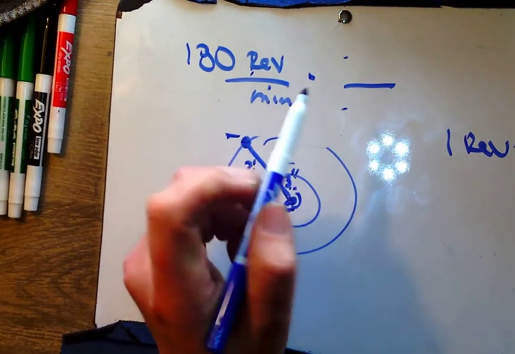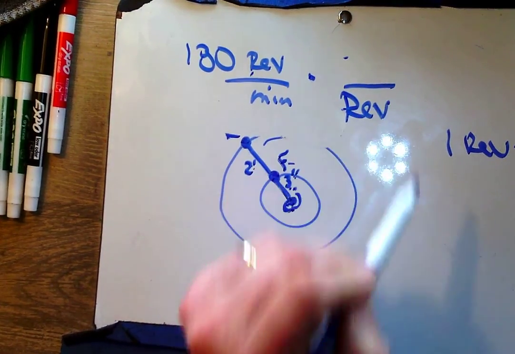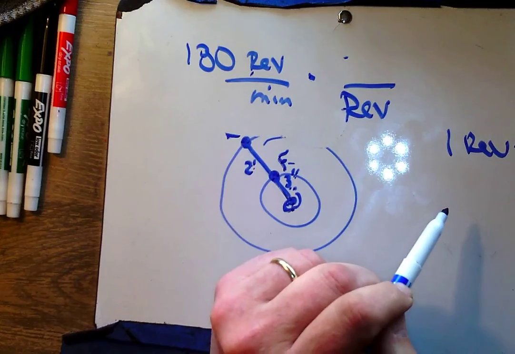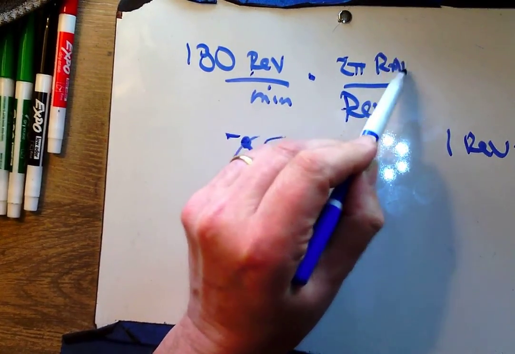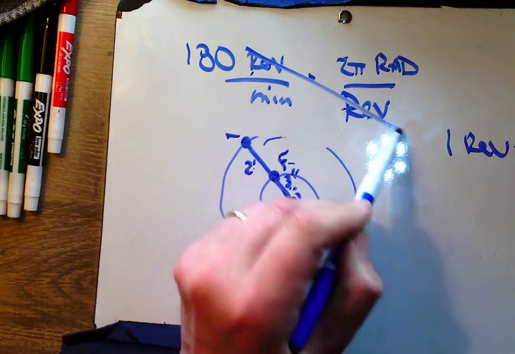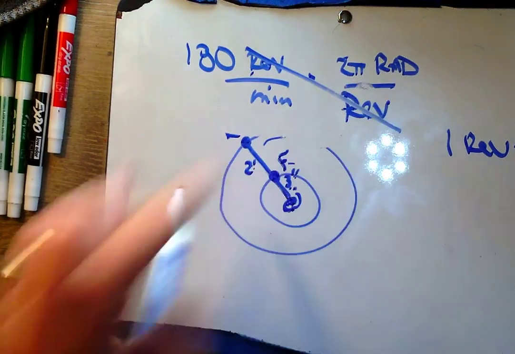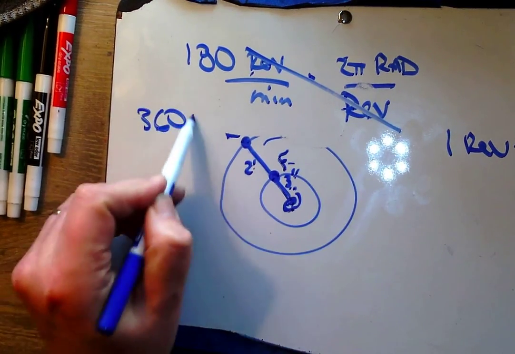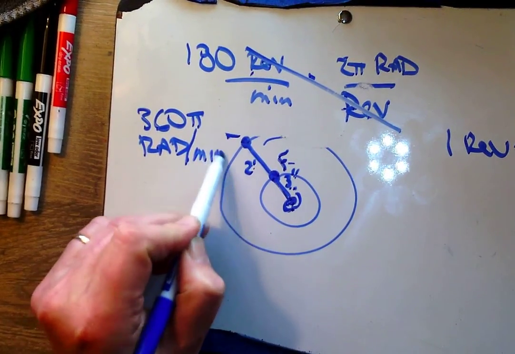Gary Hawley, my 10th grade chemistry teacher, said the units you want to get rid of go on the bottom, so the other thing goes on the top. And while he said that wasn't always true, he said that you always wanted these not to be in the same place, so you could cancel them out. So I've got 180 times 2 pi, or 360 pi radians per minute.